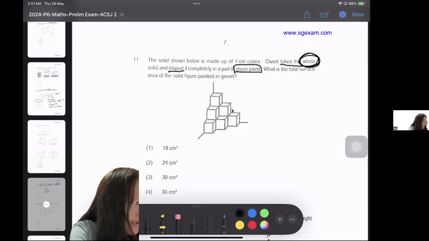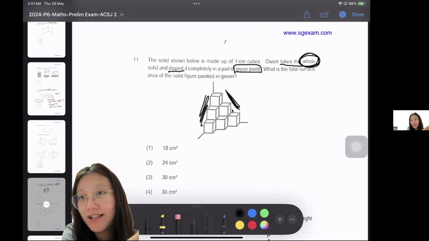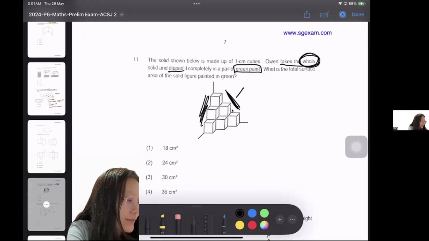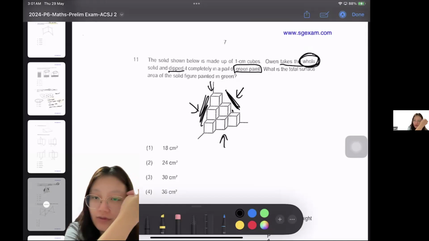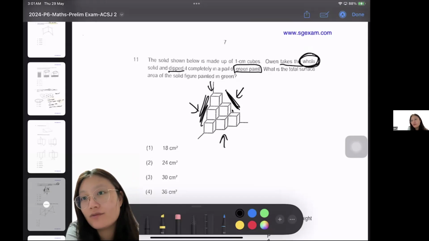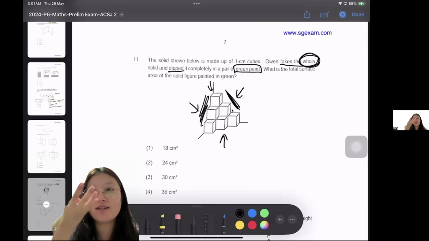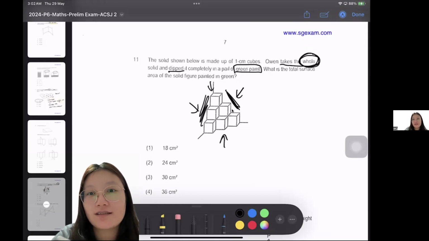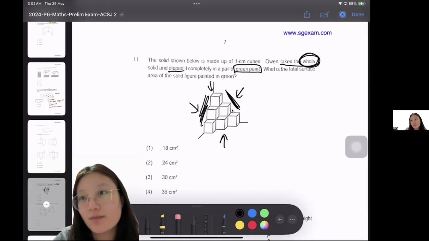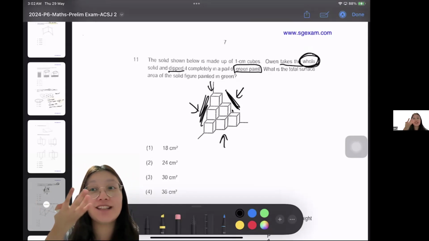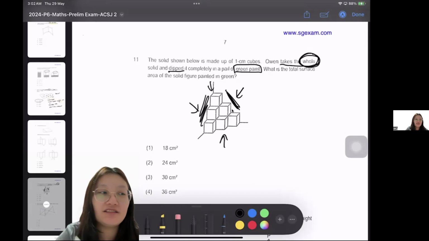You see the behind part here? Not the place where I colored black, but basically behind the solid, you also need to count the area there, not just the front, because he picked up the entire solid, then put it inside. So it's not that they just splashed the paint; he took up the entire solid and then put it into the paint.